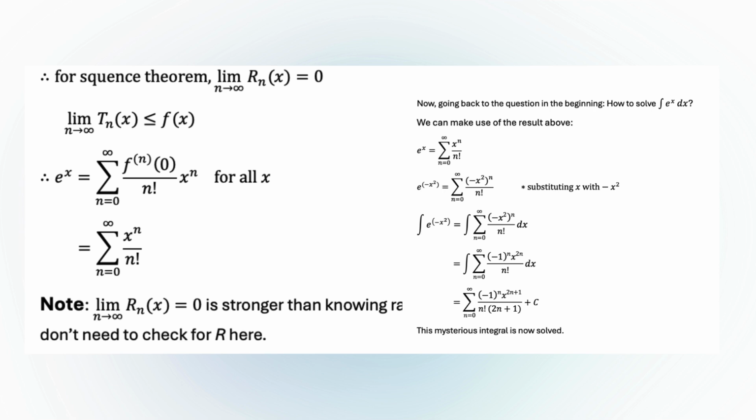But since every derivative of e to the x at 0 is just 1, we get the familiar series, the sum from n equals 0 to infinity of x to the n over n factorial. And one final note, the fact that the remainder R sub n goes to 0 is actually stronger than just knowing the radius of convergence is infinite. So we don't even need to use the ratio test here.